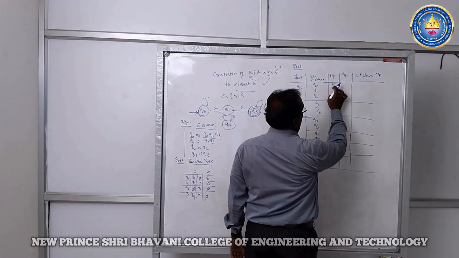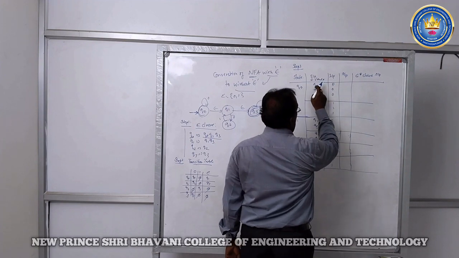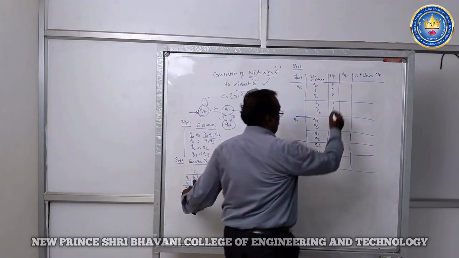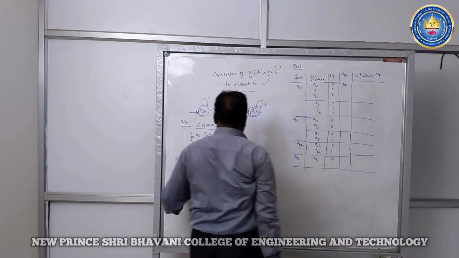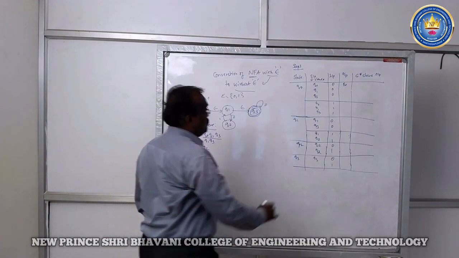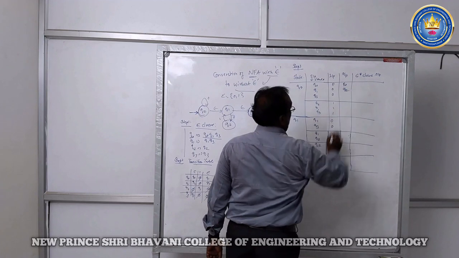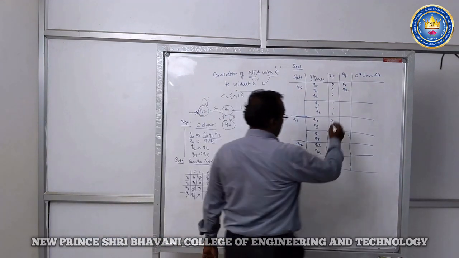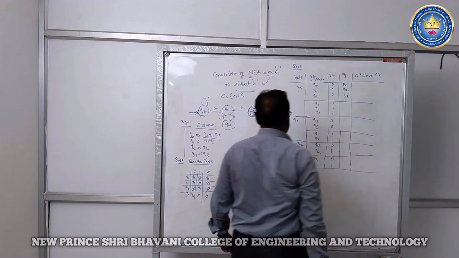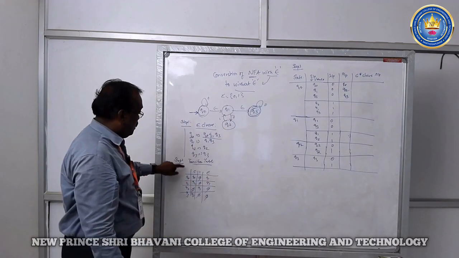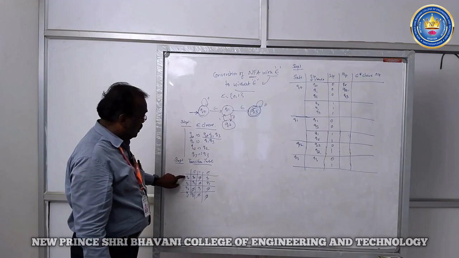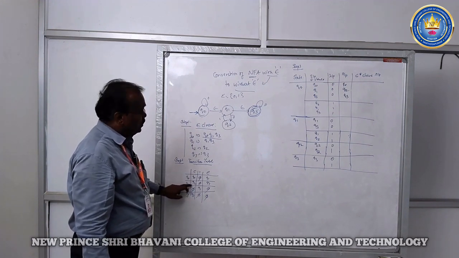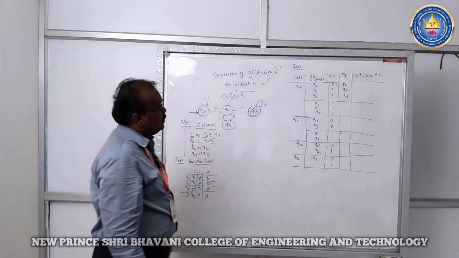So if we are applying 0 to Q0, what is the output now? Q0 is the output, right? Q0 of 0 is Q0, Q1 of 0 is Q2, and Q3 of 0 is Q3.